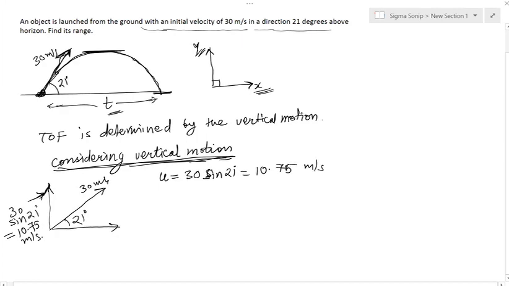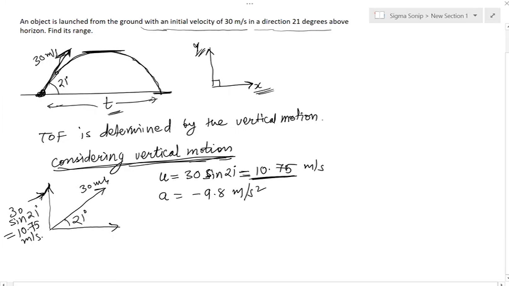The fact that I have taken this vertical velocity as positive means that I am taking the upward direction as positive. All right, acceleration is the acceleration due to gravity, and it is downward. Because my upward direction is positive and acceleration is downward, I will take that as minus 9.8 meters per second squared.